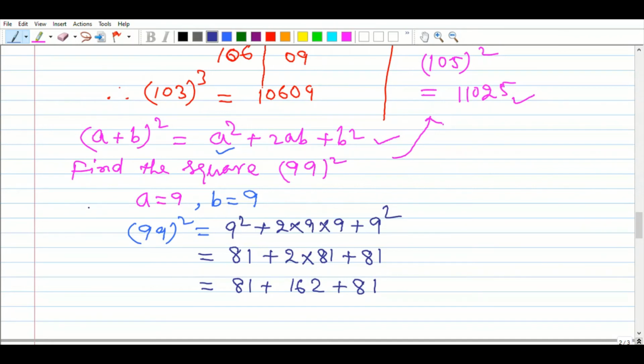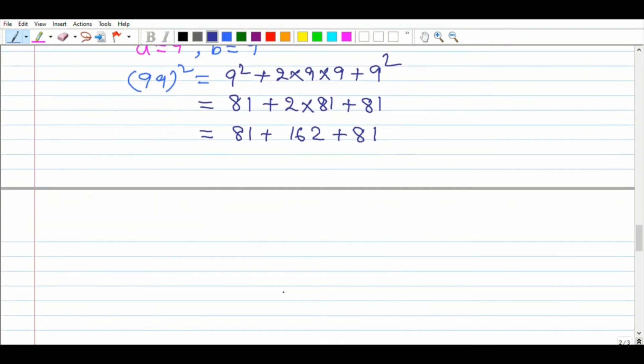Now we will take all of these. You see here 8 is surplus according to the rule.